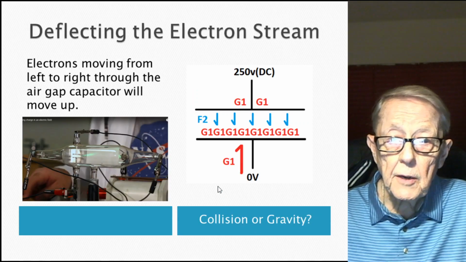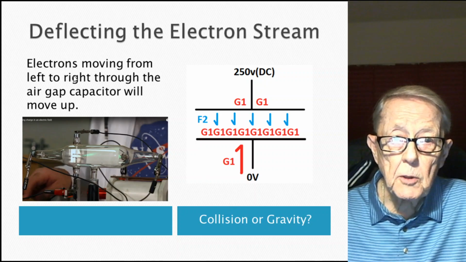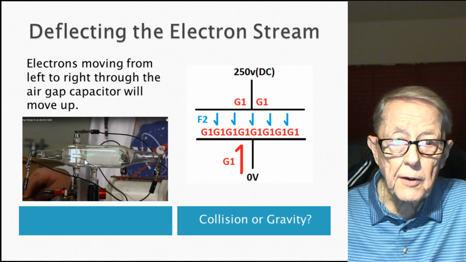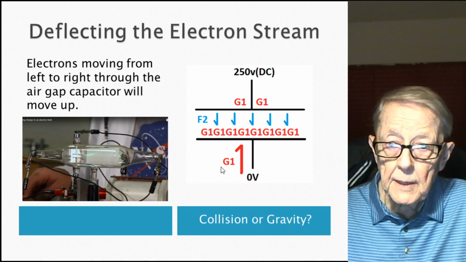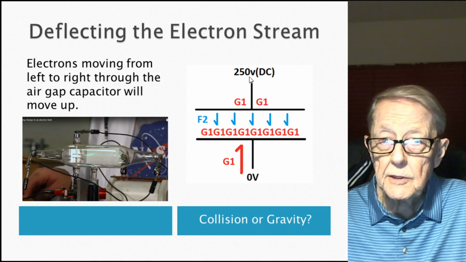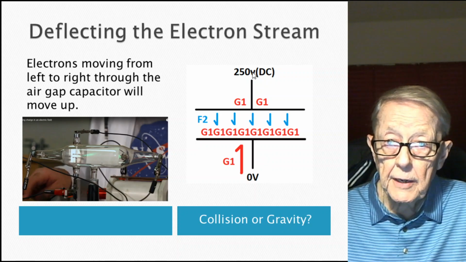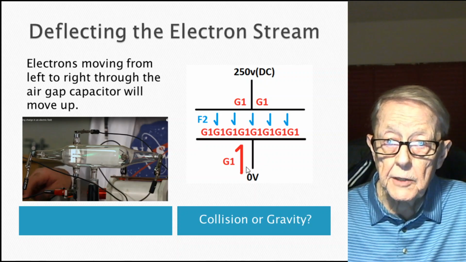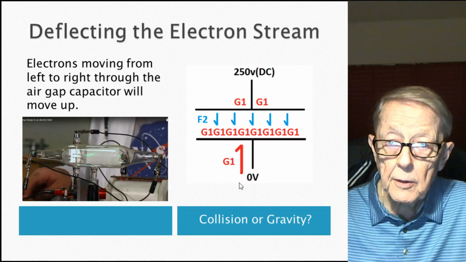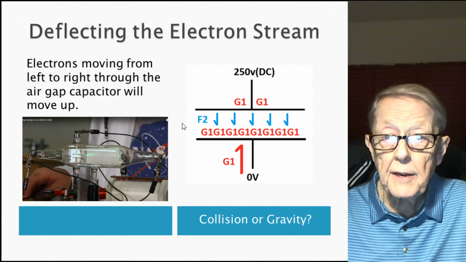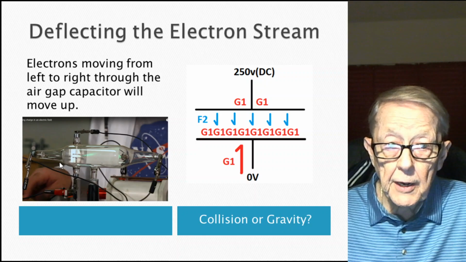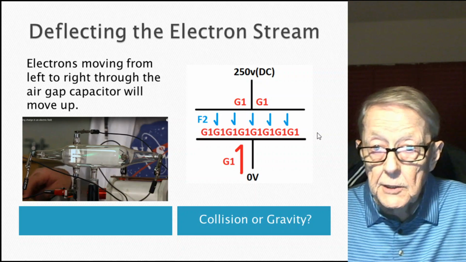Okay, so when you deflect the electrons moving from left to right through this air gap, they move up. And you've got several things going on here. You not only have the G2 force pushing down, but you have G1 particles flowing up, and a G1 electron beam going through the plates this way.